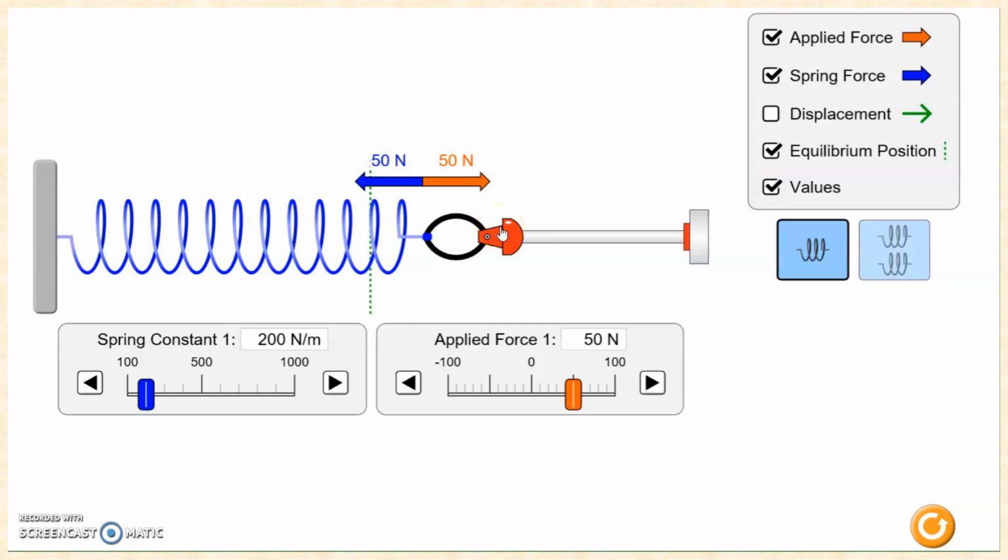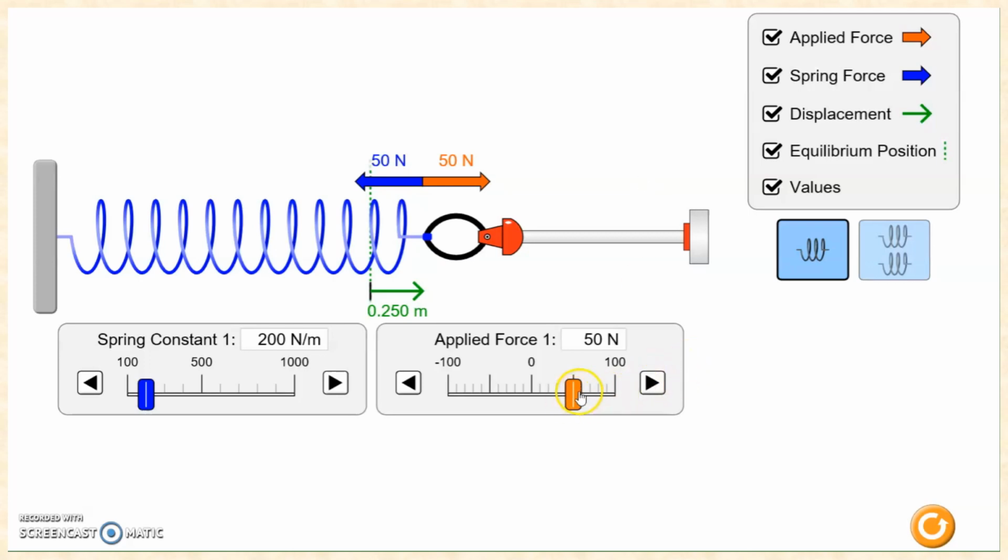This is what we call a restoring force because it tends to restore the spring to its equilibrium position. Notice here when I check the displacement box that the spring is displaced to the right a distance of 25 centimeters, but this restoring force that tends to restore the spring to its equilibrium position acts opposite the displacement. It acts to the left.